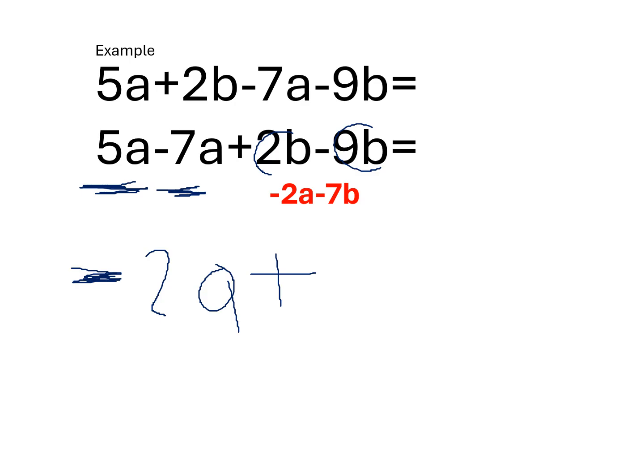Signs are different because this is a positive 2b and a negative 9b, so we subtract and take the sign of the larger number. So it won't be a positive right there. Let me erase this. It's going to be negative 7b. So that's the answer.